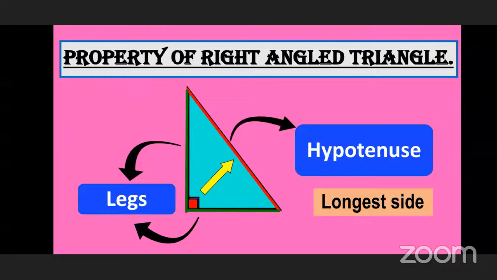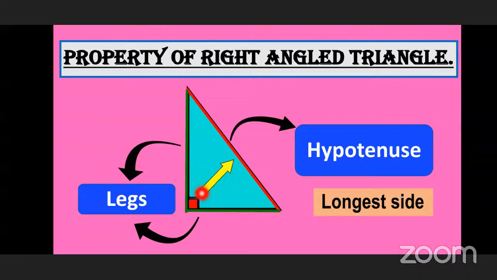See children, when we learned the concept of perimeter and area, we also learned the formula of area of right angled triangle. In that also we saw the sides as base and height. So you can call them base and height, and you can also call them legs.